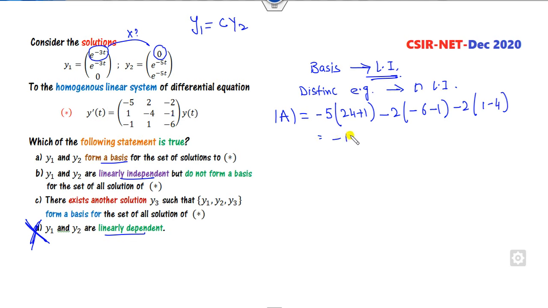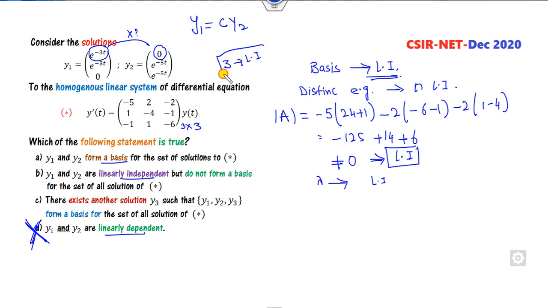So it's 25, 125, 7, plus 14, 3 plus 6, which is non-zero. Once the determinant is non-zero, it means it has LI eigenvectors. So whatever the eigenvectors of this are, they are LI. It is a 3 cross 3, so we will get 3 LI vectors, but it is given as 2.